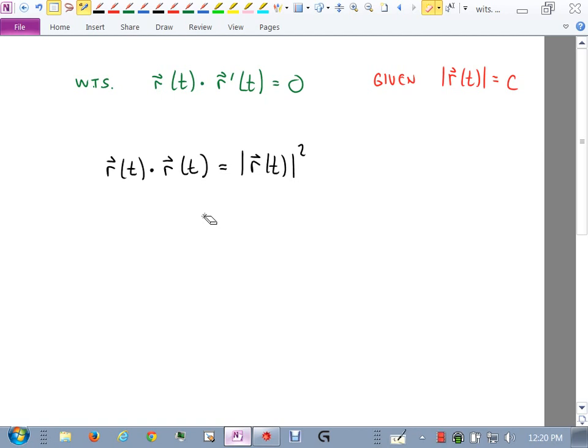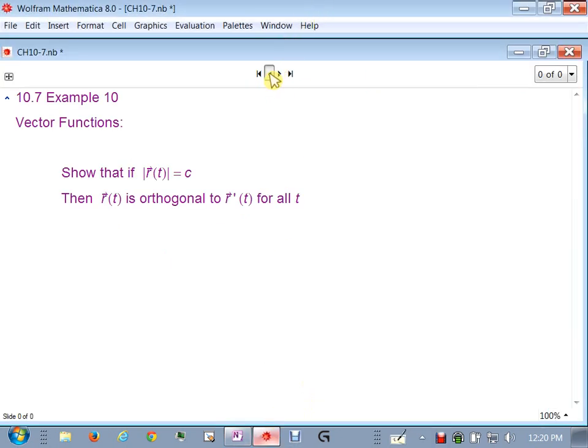So someone sits there and suffers with it for who knows how long and finally realizes, why don't I take the derivative with respect to t of r of t dotted with itself? Well, we just talked about properties.